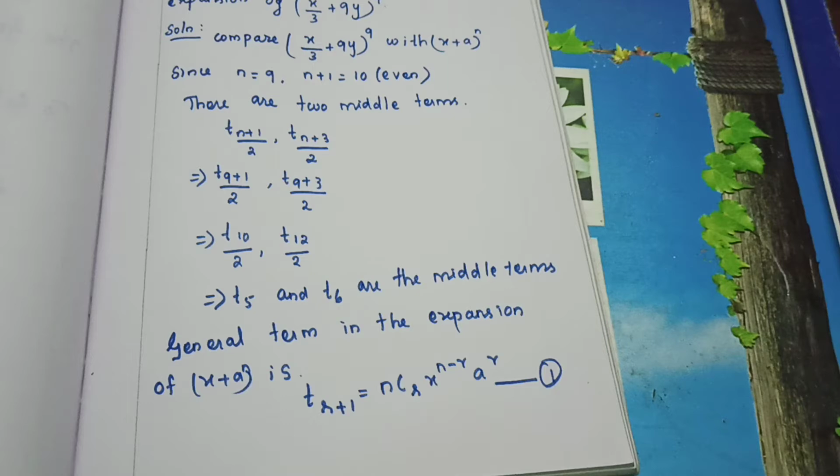We need to find T5 as well as T6. For T5, what value will you substitute for r? r is 4. If you need T6, what will you substitute for r? r is equal to 5. From that you will get T6. Understand? Both values you need to find by using this formula.